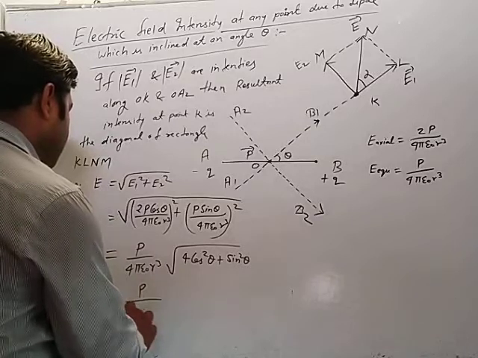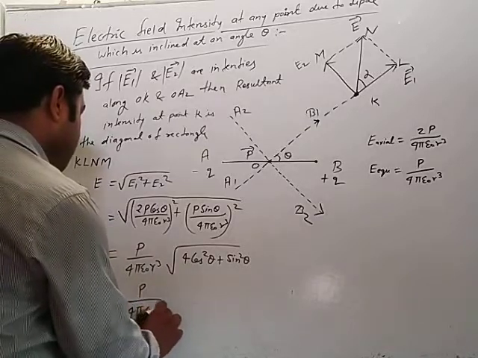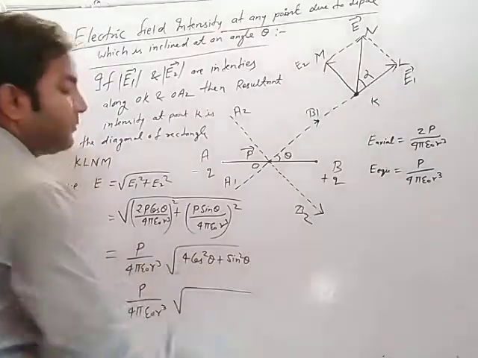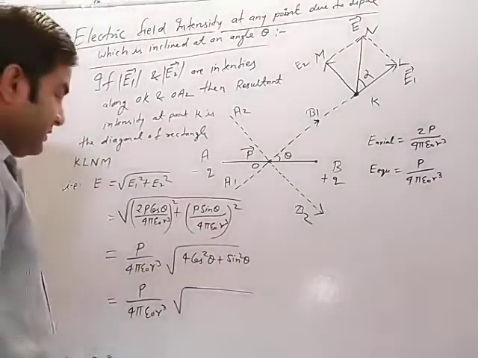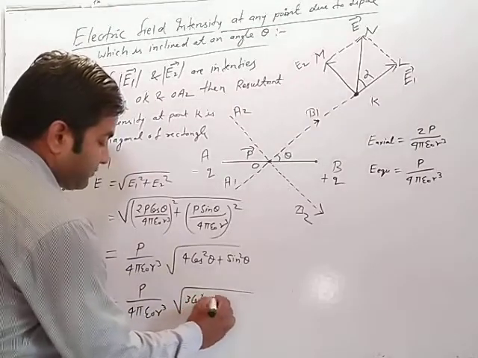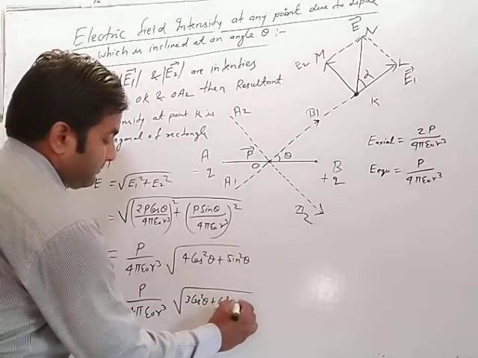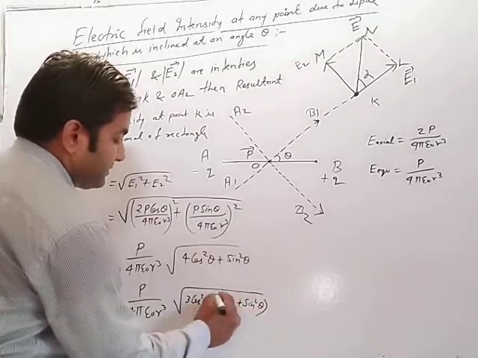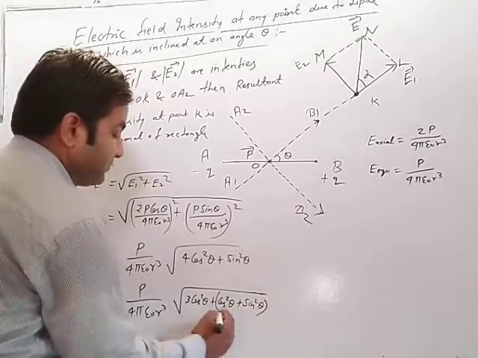Then P upon 4 pi epsilon naught r cube, and this 4 cos square theta can be written in the form of 3 cos square theta plus cos square theta plus sin square theta. Here, cos square theta plus sin square theta gives 1.